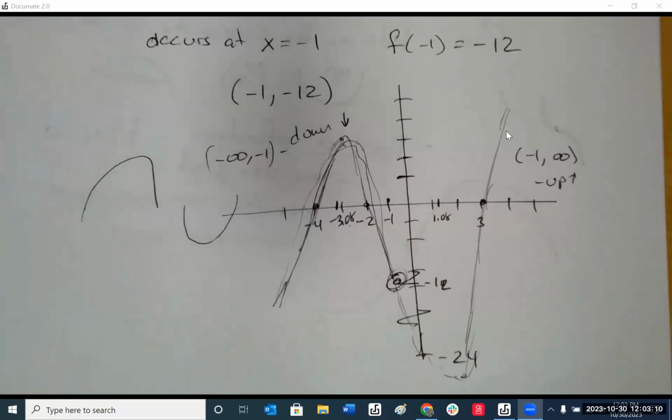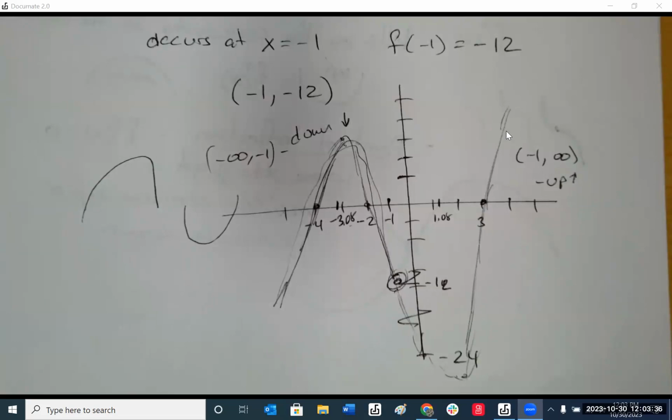If it's a maximum, what has to be true about it? On the left of it, it's increasing. On the right of it, it's decreasing. But if it's an endpoint, there's nothing on the left of it. All you have is to the right of it. So it's one of those philosophical type questions, and that's why you have extrema, but I don't know if you can call it a vertex.